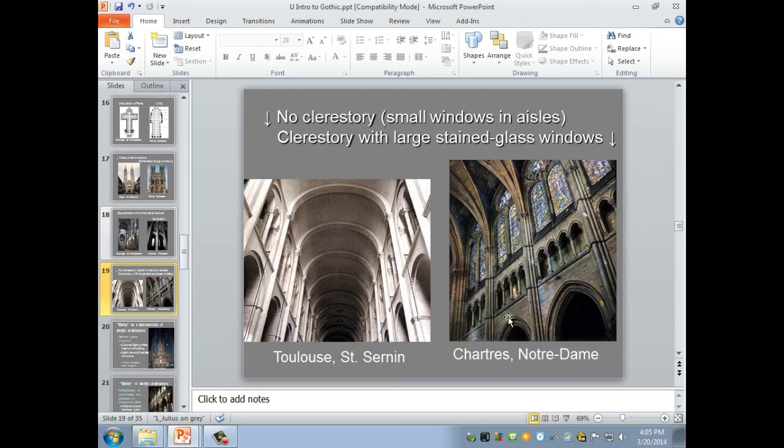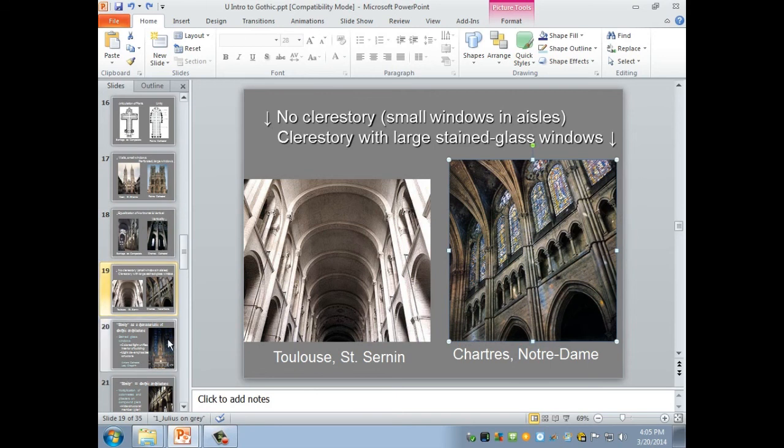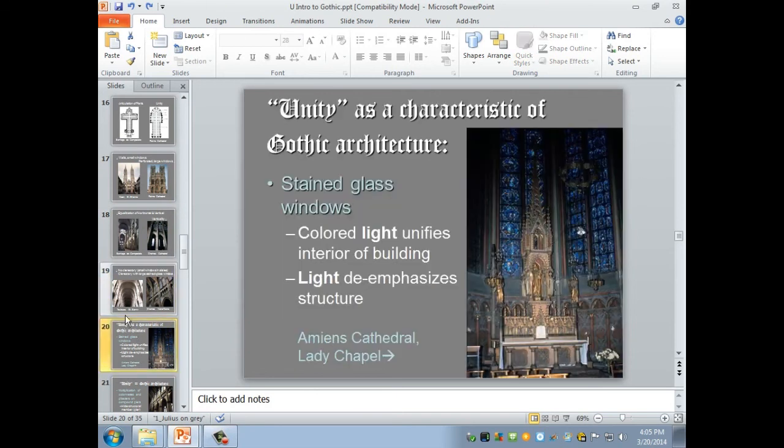You also have things like the multiplication of the colonnettes. And the pilasters on the compound piers sort of hide the fact that you have this heavy element with a lot of these more slender elements. And then the colonnettes, you have this little bunch of very thin columns, colonnettes we call them, rising up to the springing of the vault.